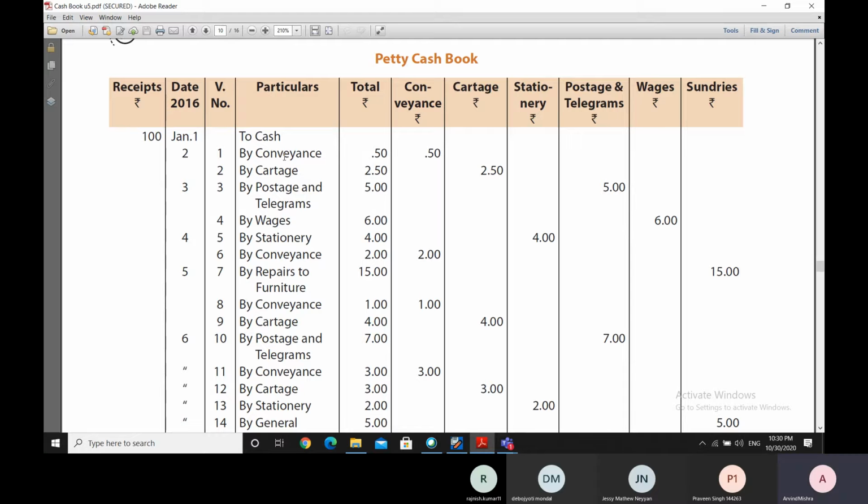So when we say by conveyance, the payment is being made for conveyance. When we say by cartage, the payment is being made for cartage through the petty cash book.